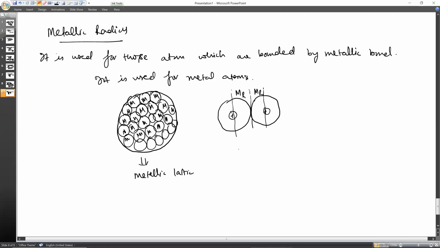So half of the internuclear distance between the two nuclei of two similar atoms: if they are bonded with a metallic bond, then half of the distance between the two centers will be considered as the metallic radius. Have you drawn this one? Yes.